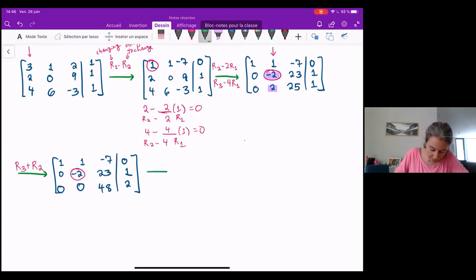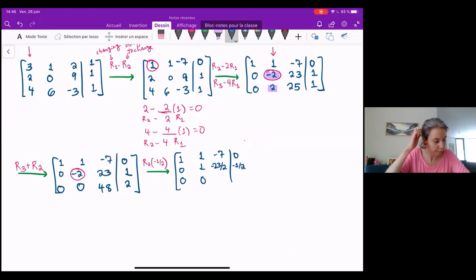So this, we will do row 2 times negative 1/2, which will give me 0, 1, negative 23 over 2, and negative 1 over 2. Which then gives me a 48 and a 2 down here. So now I'm going to do row 1 minus row 2.